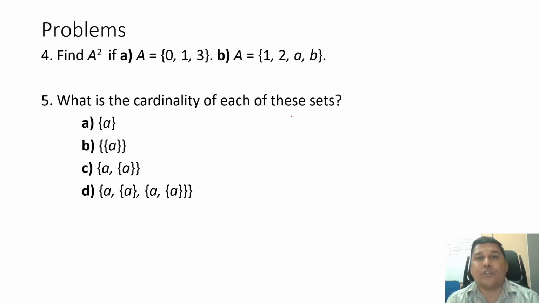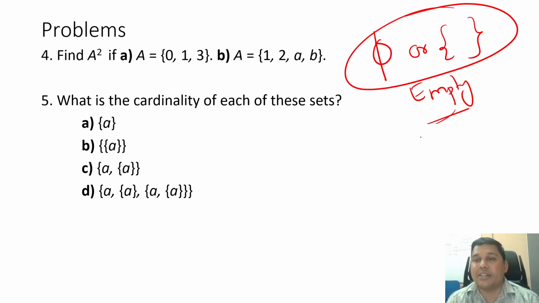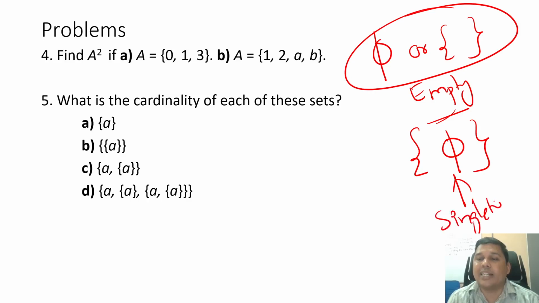What is the cardinality of each of these sets? This is an important question. We already studied that empty brackets indicate the empty set. These two are the empty sets. But the set containing the null element like this is a singleton set, because in this set we have one element, that is null.